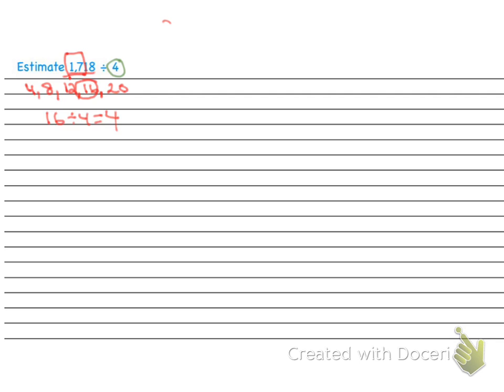We need to get up to 1,700. So let's do 1,600 divided by 4, and that gives us 400. So an estimate of 1,718 divided by 4 would be 400.